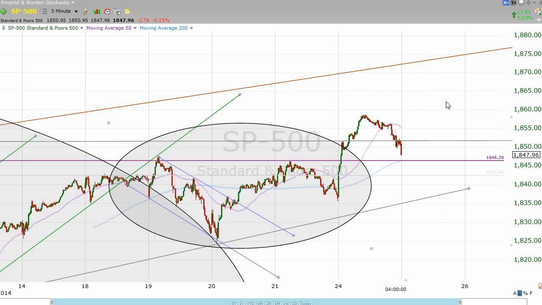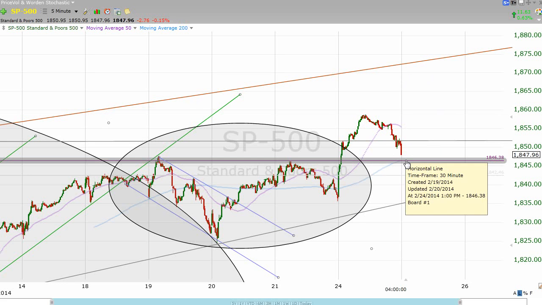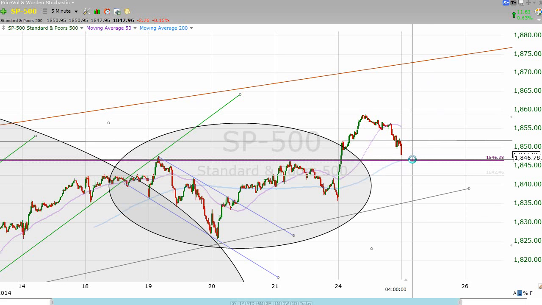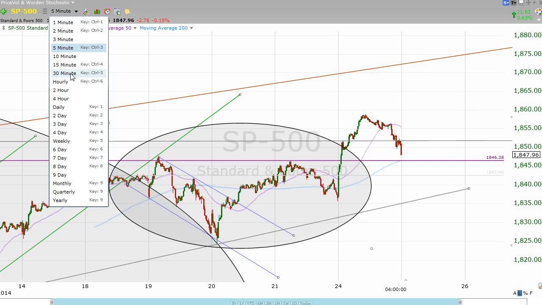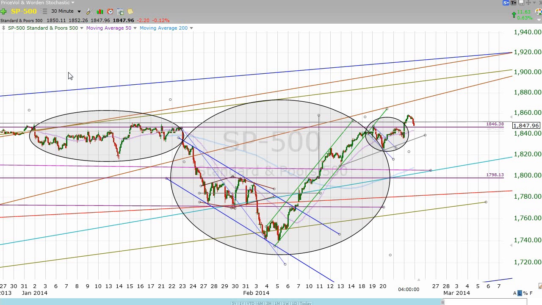So let's see if we're just getting a little back test here, and if we come back and maybe bounce on our neckline tomorrow and then start a renewed move up. Right now I think it's a little bit early to get too excited about this, and the good thing is that the pattern we are looking at, thankfully, and we haven't had one like this in a while, has enough of a target to where we can actually wait till this is a confirmed breakout.